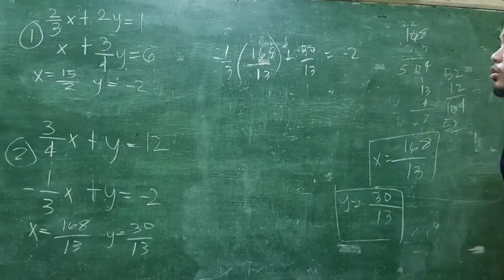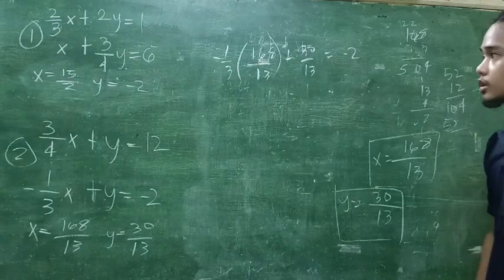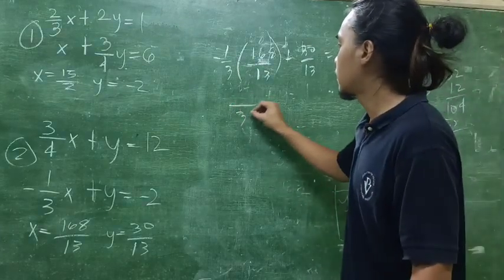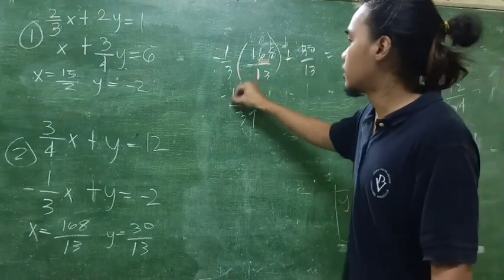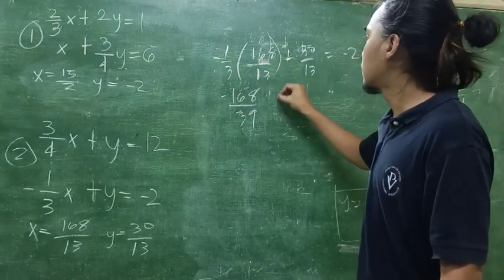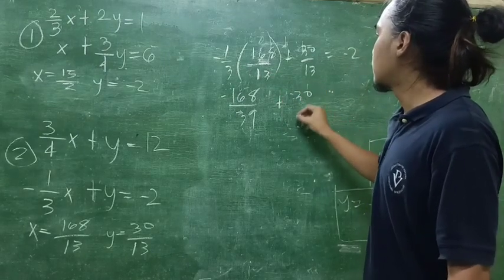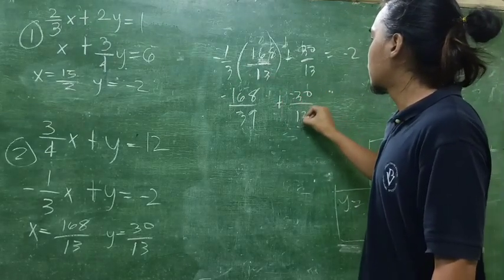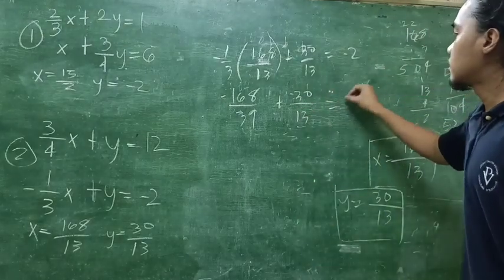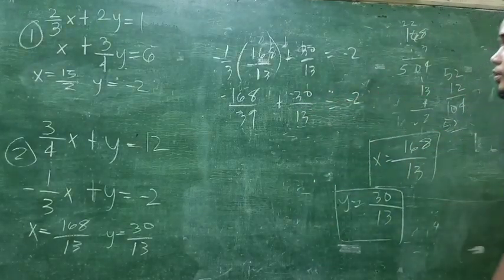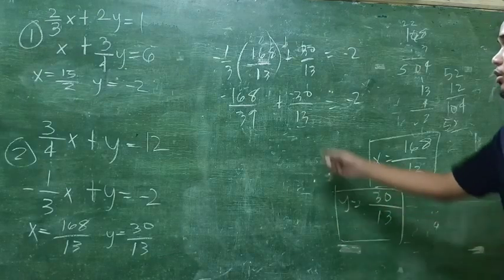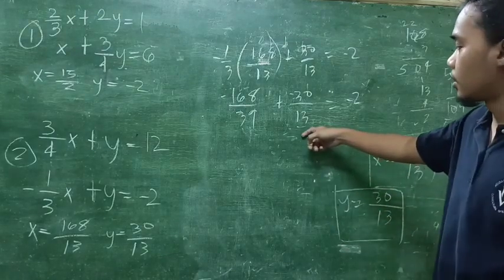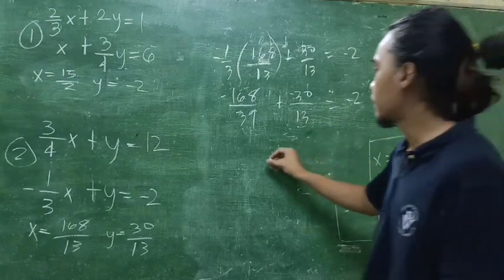13 times 3 is 39. 168 times negative 1 is negative 168 over 39, plus 30 over 13 equals negative 2. So we have to find their LCD. It's going to be 39.